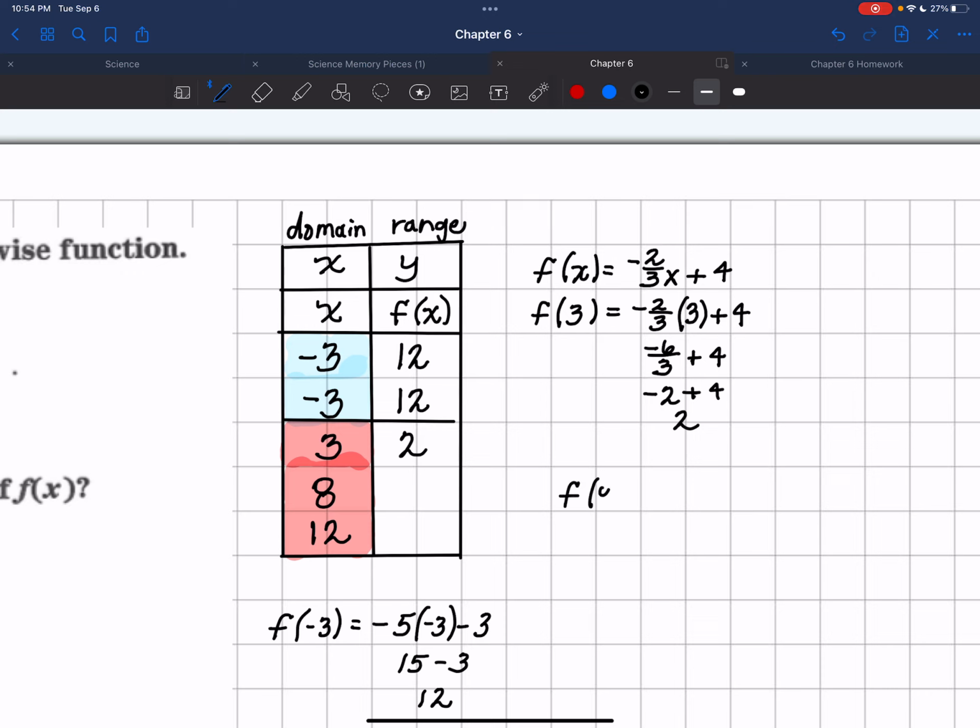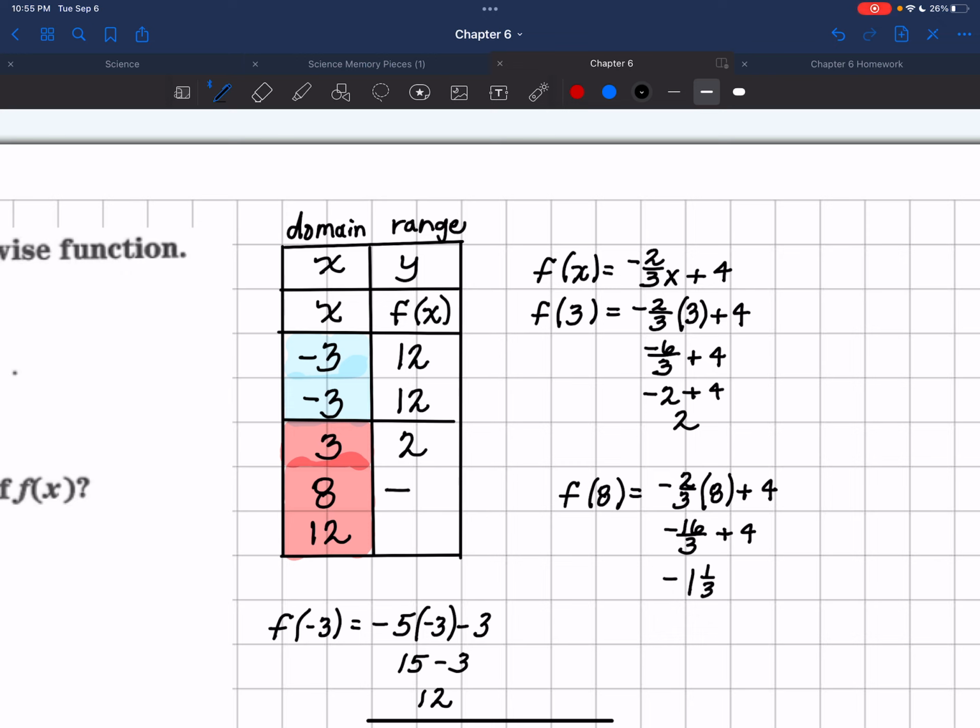When x is 8, fractions are just numbers. Negative 16 thirds plus 4. Negative 16 thirds plus 4 on your calculator is negative 1 1/3.